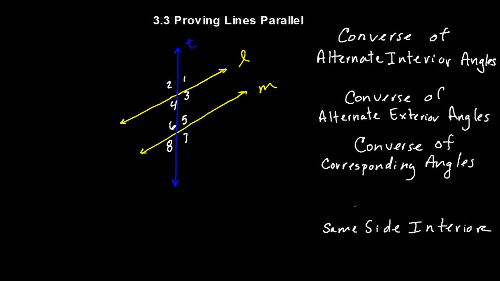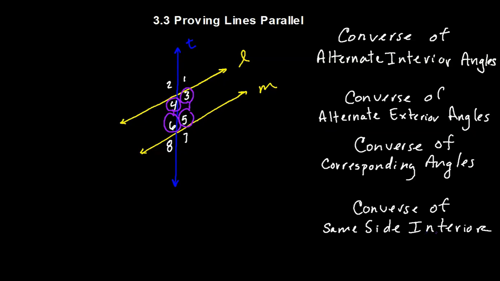And the last one is the converse of same side interior angles. Those angles would be 3 and 5, or it could be 4 and 6. But there's a difference here. The converse of same side interior states that if these add up to 180, remember, same side interior angles are supplementary.